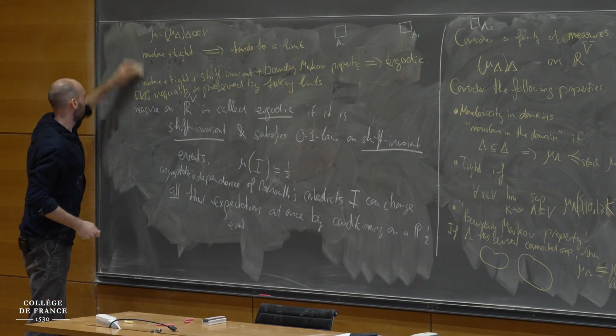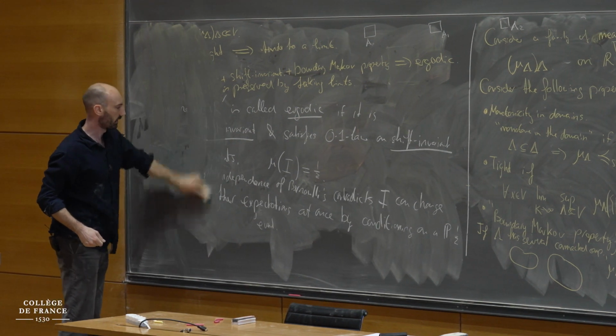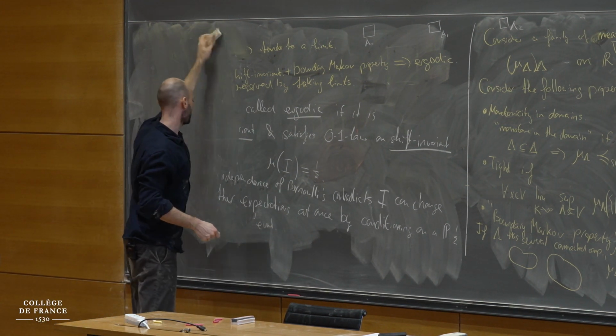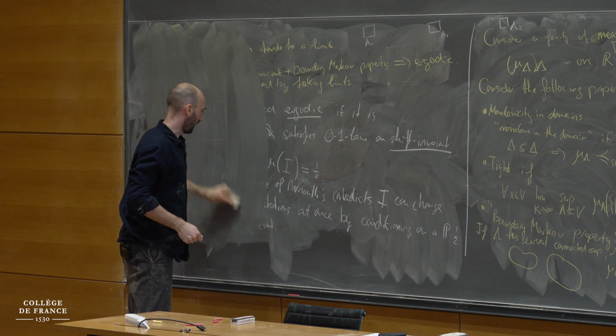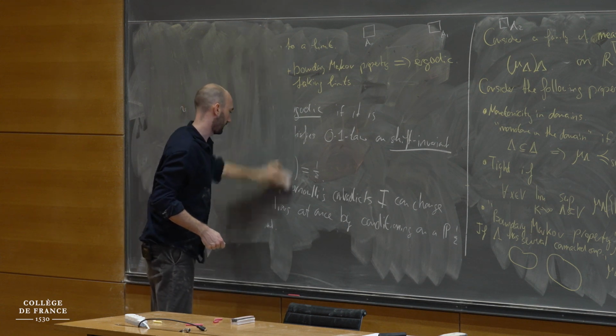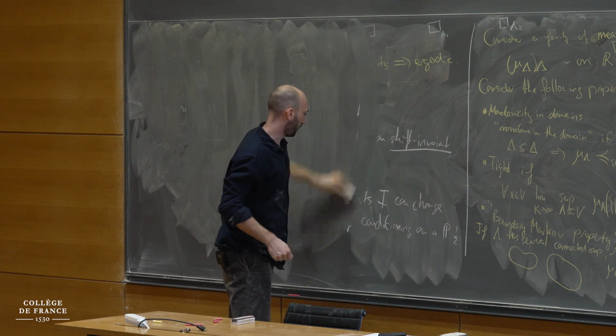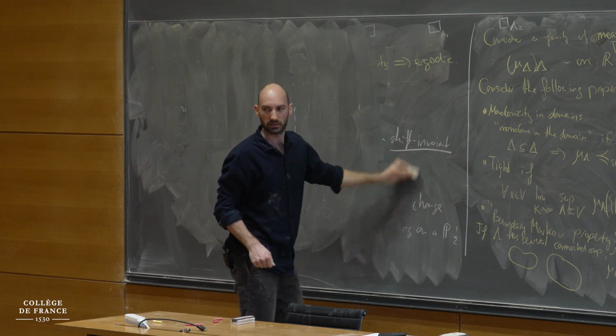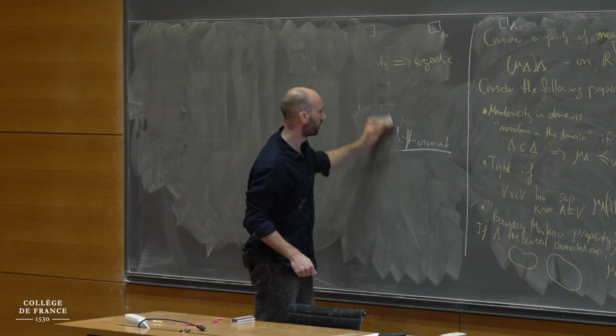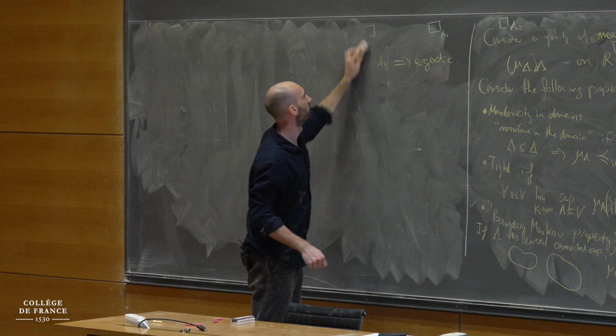So by ergodicity, let's call capital N the number of infinite connected components. We already know it's constant, so we don't have to pretend it's a random variable. We want to avoid that N is infinity, and we also want to avoid that it's finite but bigger than 1.